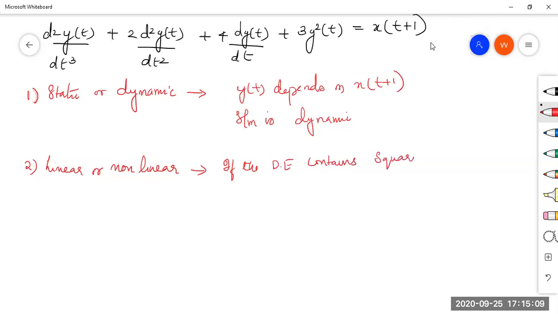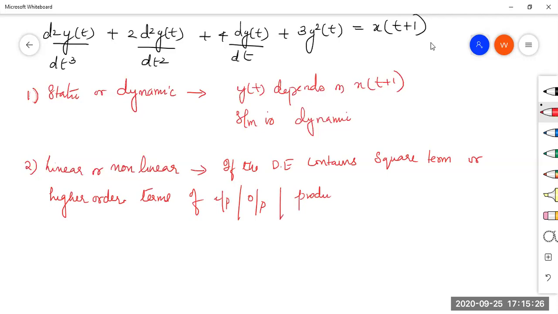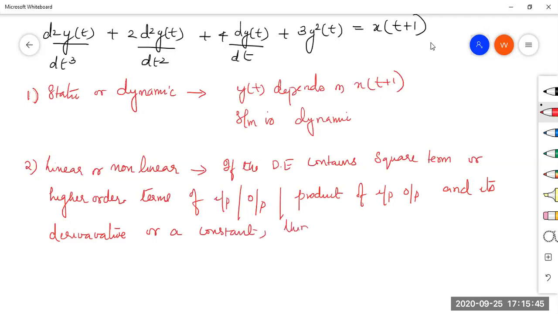square term or higher order terms of input, output, or product of input, output, and its derivative or a constant, then the system is nonlinear.